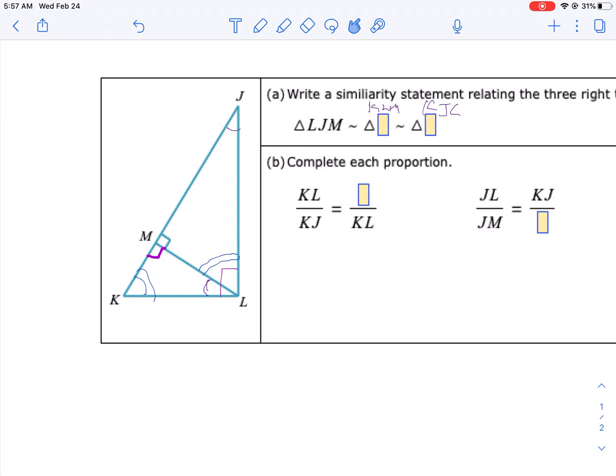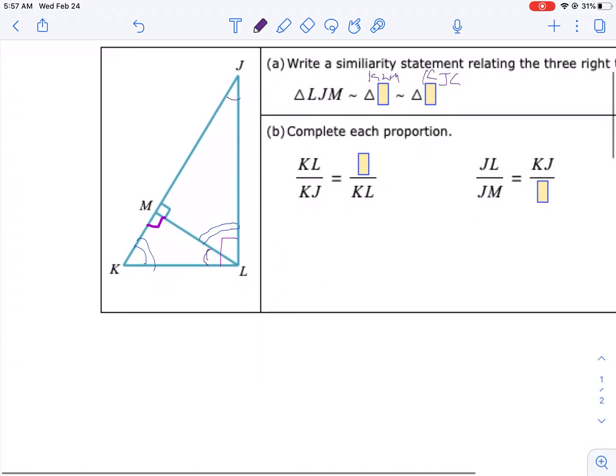I'm going to look at LJM to start with. So here's L. So on LJM, M is my right angle.